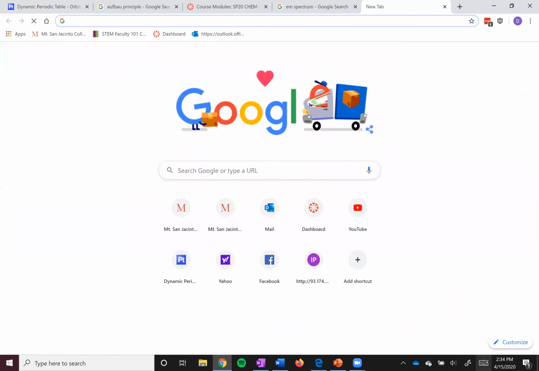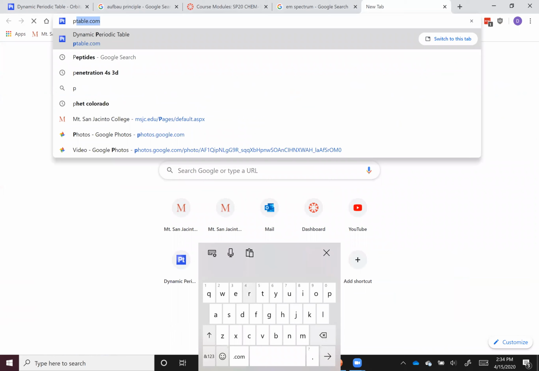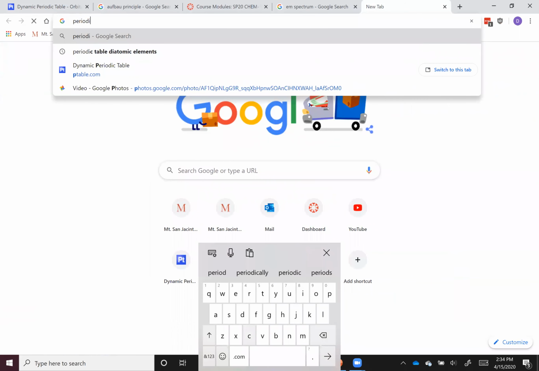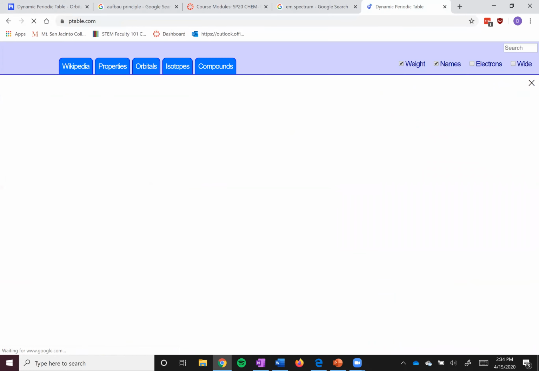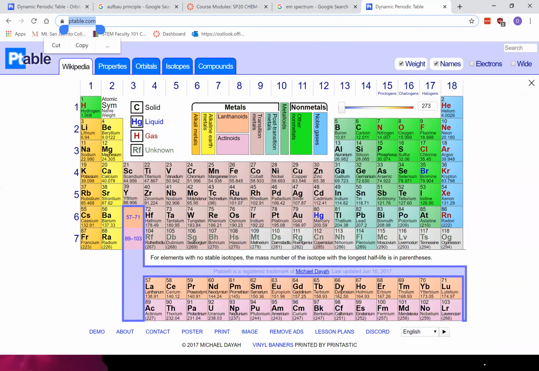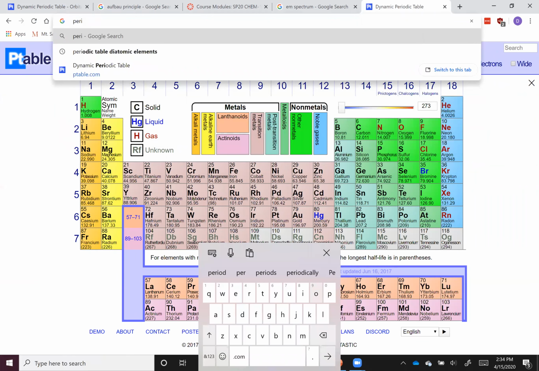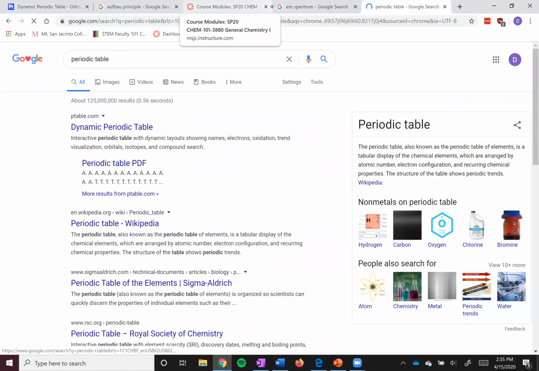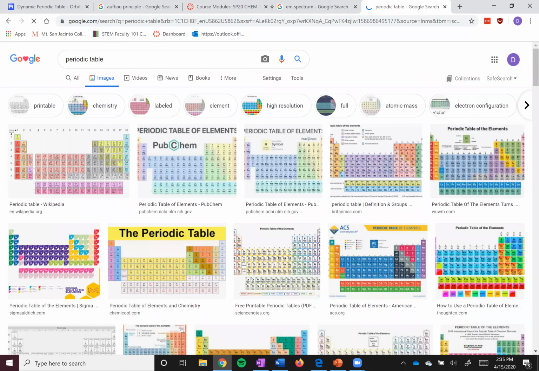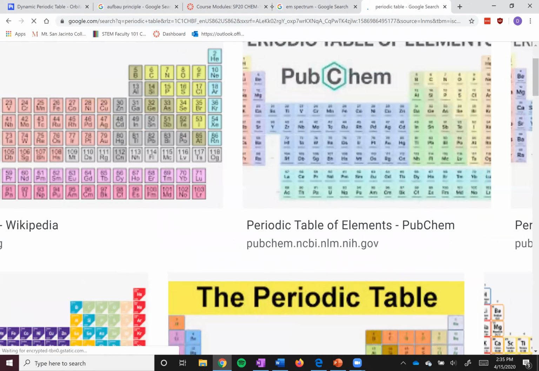And then if you just Google periodic table, and go to images, you'll see some differences here.